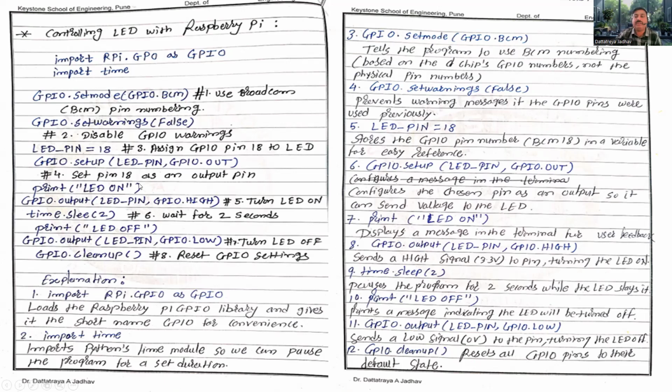And for the off condition, we go with GPIO.output(LED_PIN, GPIO.LOW). So this is a simple Python program which can be used to make a LED on and off with a Raspberry Pi. That explanation I explained here totally, which will be given to you. So import RPi.GPIO as GPIO. It loads the Raspberry Pi GPIO library and gives it a short name as GPIO, just for convenience.